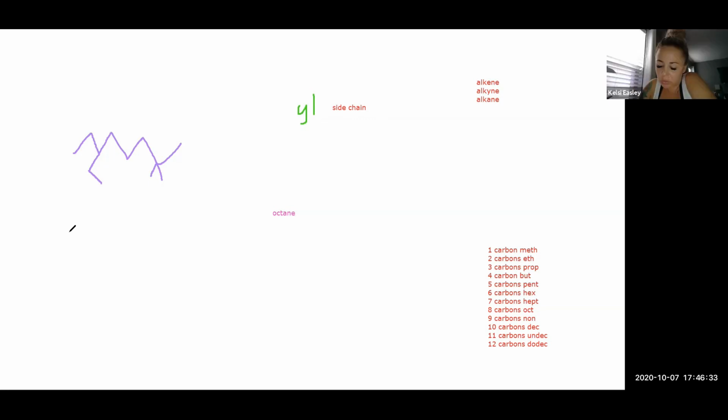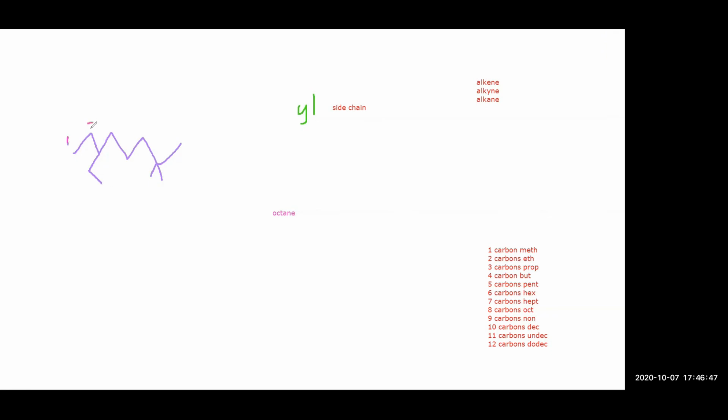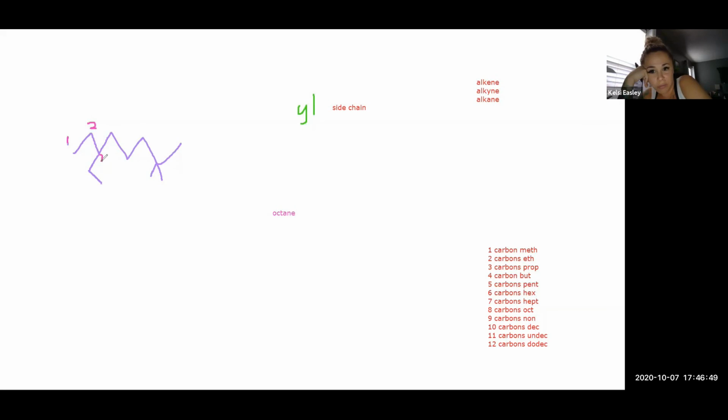I would say the one attached to the third carbon. So you're saying this one here? You want us to start counting from there? It's 1, 2, and there's no double bond to go off of, so how do you know which way to count? Oh, it's the longest.